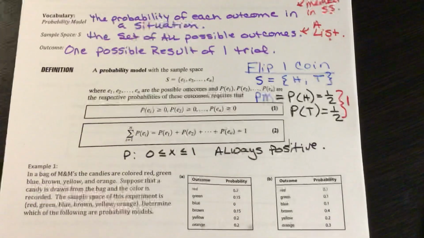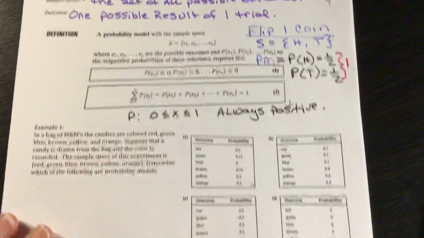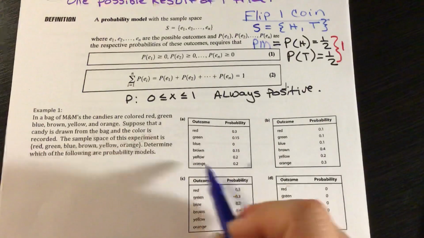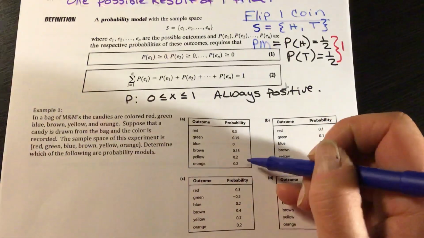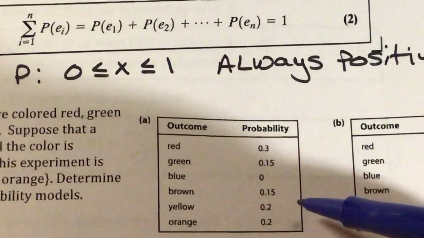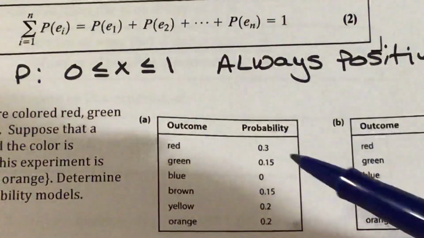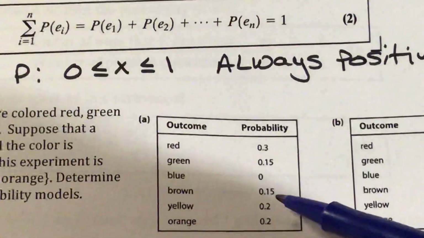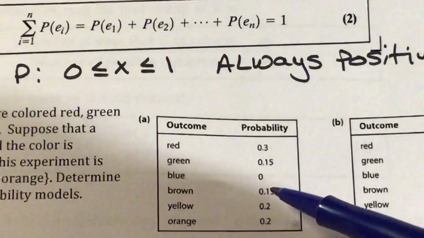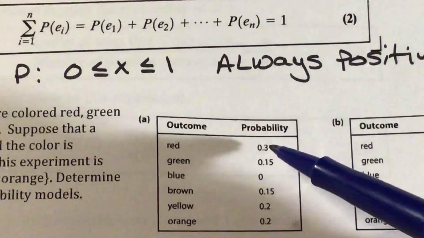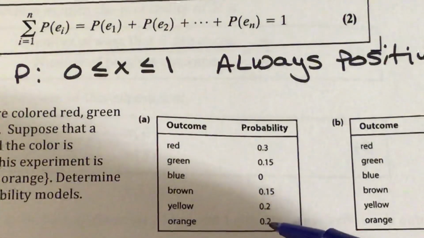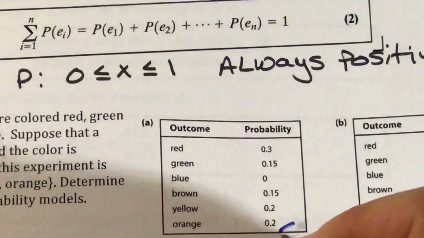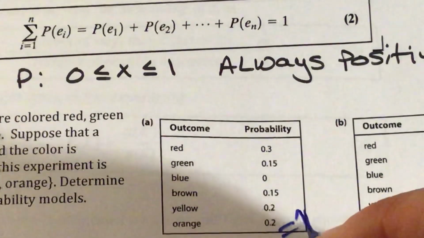So if I look at this first box here, they want to know if it's a probability model. So I need to add up all of these values. There we go. If I add up 15 and 15, that's 30, or 0.30, plus 3, that's 0.60, 0.80, and 1 whole. So this is 1.